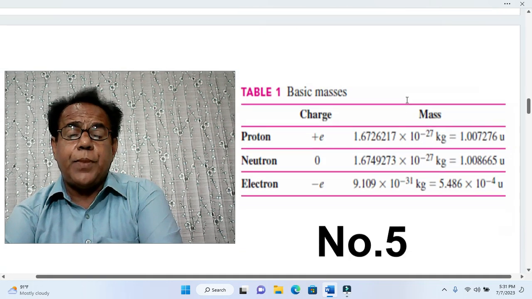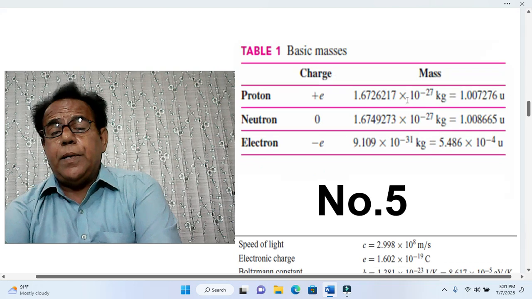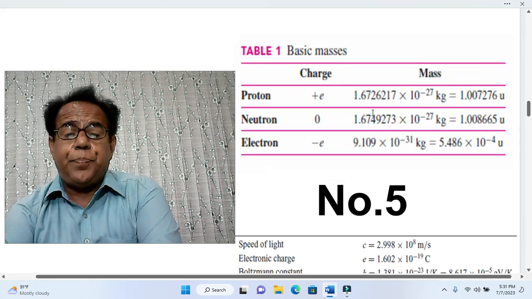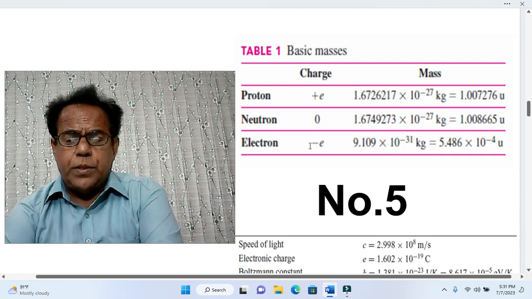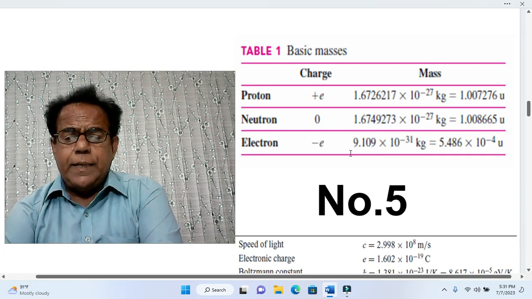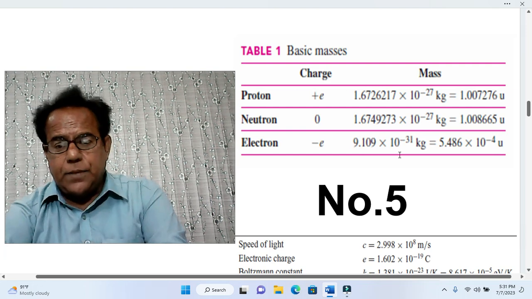Next, from table number 4, dear students, we will take this value for the electron mass: 9.109 into 10 to the power minus 31 kilogram.